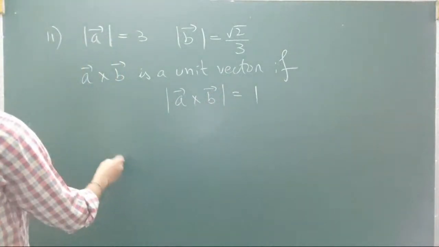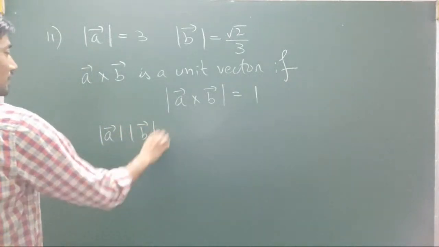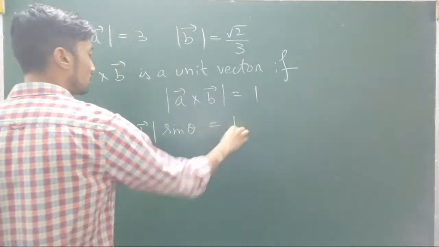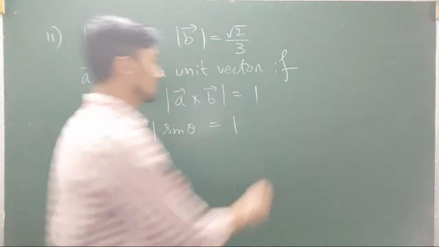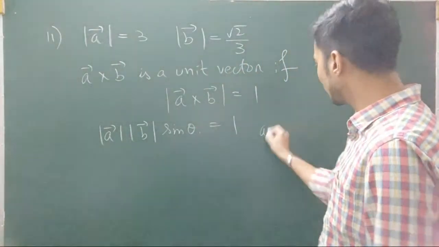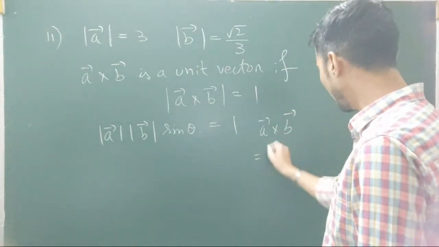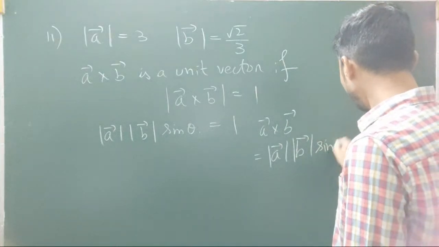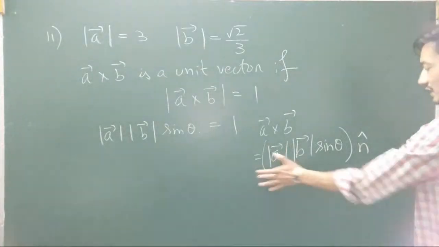So the magnitude of A cross B is magnitude of A into magnitude of B into sine theta, equal to 1. Did you get this? Because you see, the cross product of A cross B is A, B, sine theta into n cap, which is a unit vector.